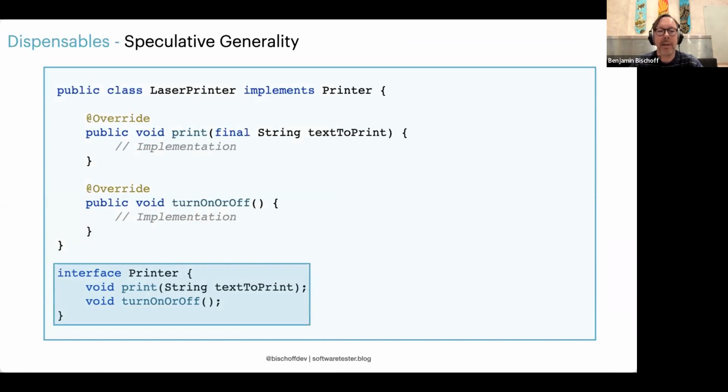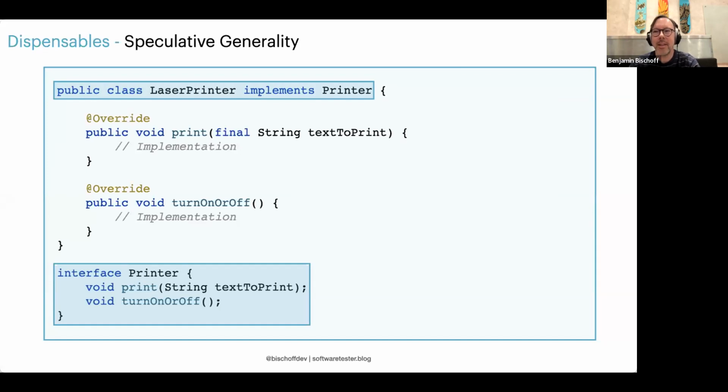A program that turns it on or off and that prints some text to it. But here you decide, maybe I will buy a new printer in the future, so you create an interface for the printer. An interface that has the methods print and turn on or off. And you have your laser printer that implements your printer interface.